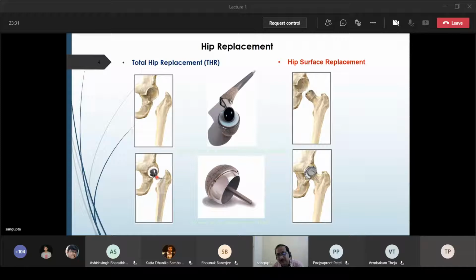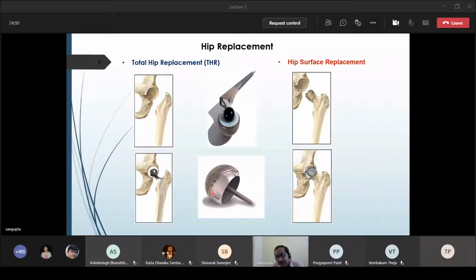Okay. But in case of resurfacing, we actually machine only a part of the femur head. You can see here the neck is still there, and of course a part of the head is still there. And you insert this resurfacing implant, containing a stem inside the bone.